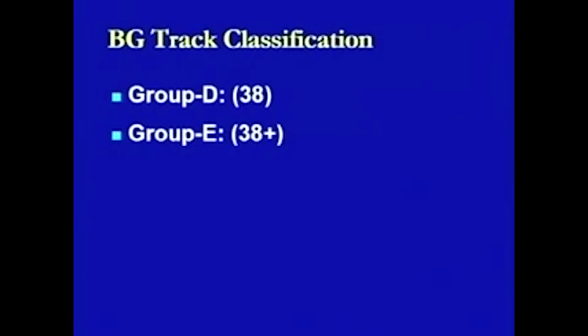Now we come to group D. In group D, there are 38 rail sections which have been classified into this category. Similarly, in group E, there are more than 38 rail sections which have been categorized in this one, and we are not going into the details of all these rail sections now because of the lack of time.